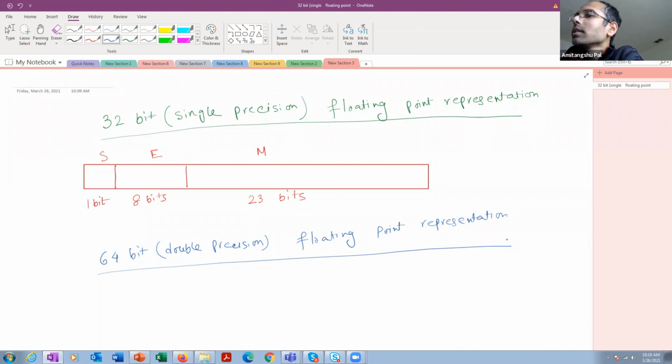What matters is the number of bits. In this case, you have 32 bits. In case of 64-bit floating point representation, you will have 64 bits. That means there will be a different number of bits in the exponent and mantissa sections. The sign bit is going to be just 1 bit. So in case of 64-bit, the only thing that will change is the number of bits in the exponent and mantissa sections.